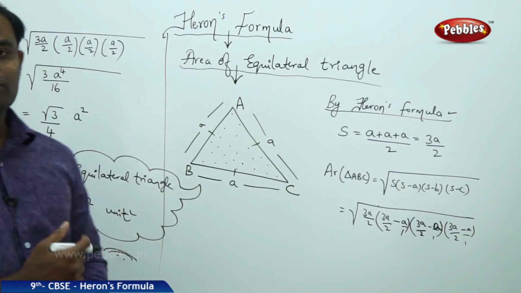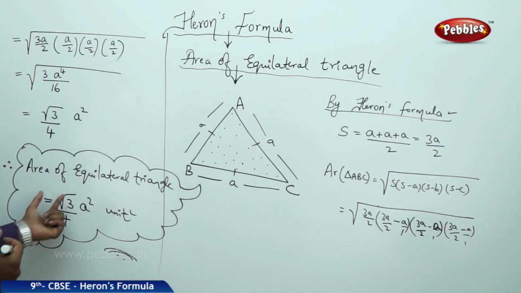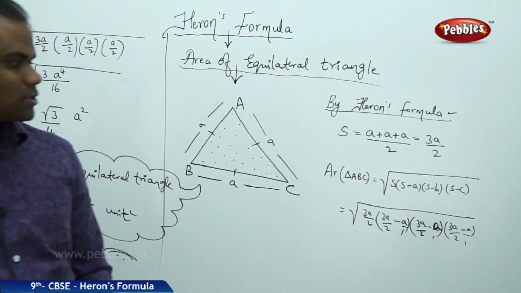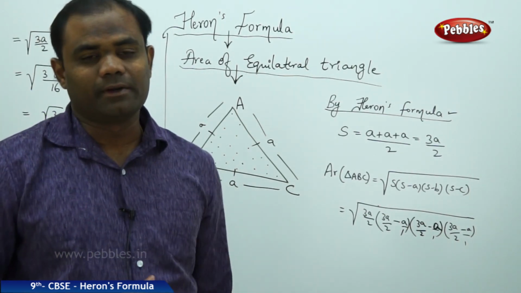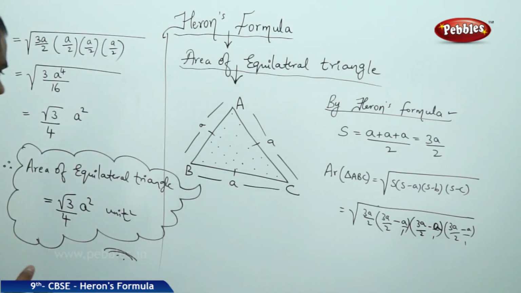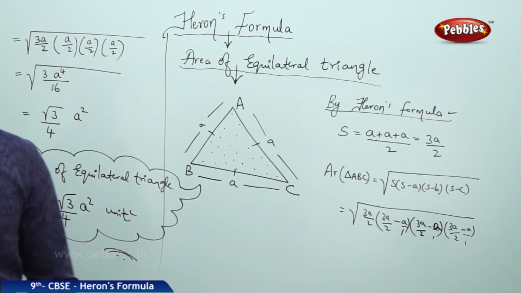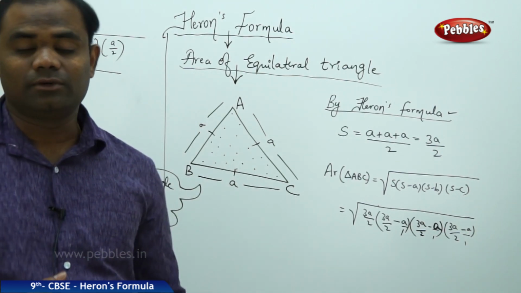Area of equilateral triangle is root 3 by 4 A square unit square. From Heron's formula, equilateral triangle reduces to its area with a special formula root 3 by 4 A square, where A is the side of the triangle, equilateral triangle.